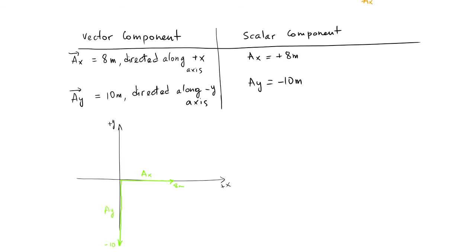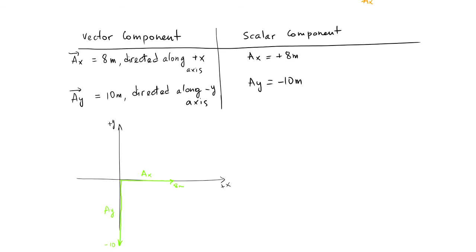Now you might ask, where is the actual vector a here? Because you are supposed to add ax and ay together as vectors, but these are not put head-to-tail.